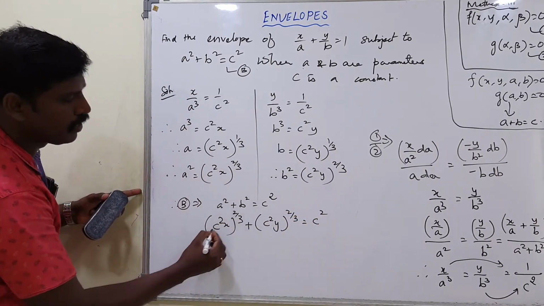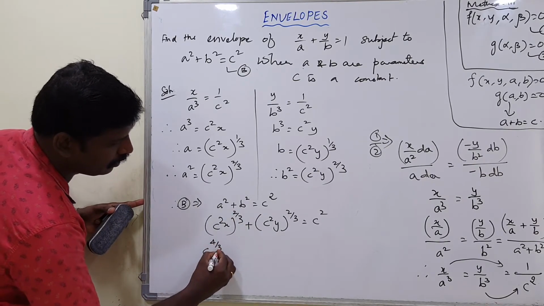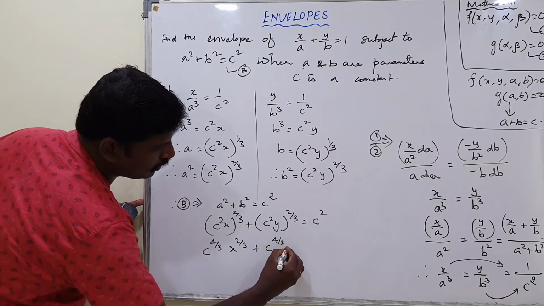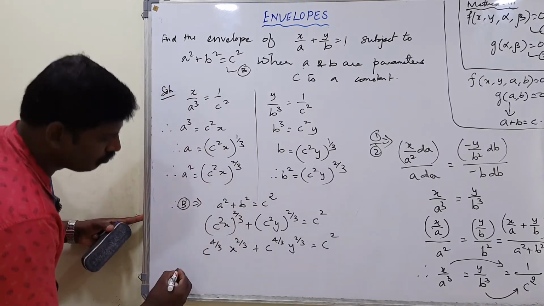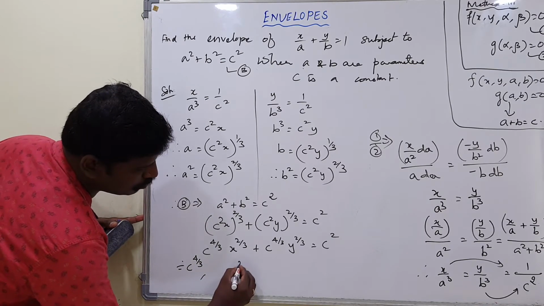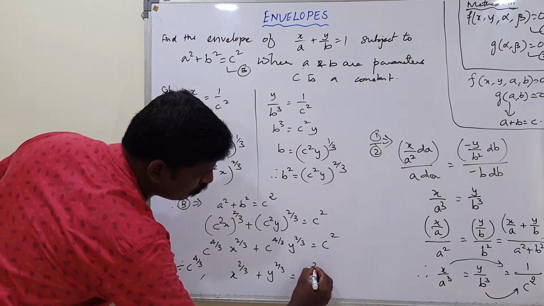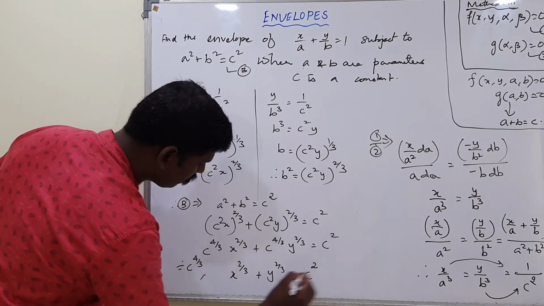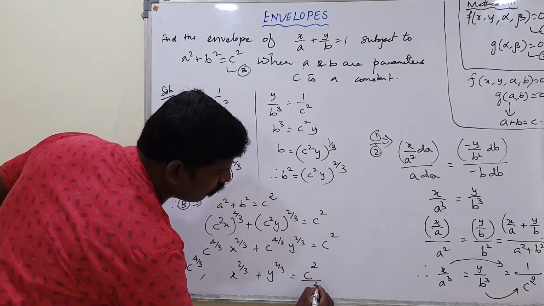So distribute the power inside the bracket. You will get c power 4 by 3 into x power 2 by 3 plus c power 4 by 3 into y power 2 by 3 equal to c square. Dividing by c power 4 by 3, x power 2 by 3 plus y power 2 by 3 equal to c square by c power 4 by 3.